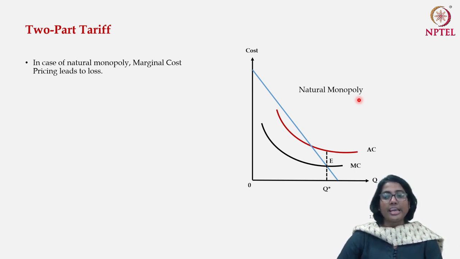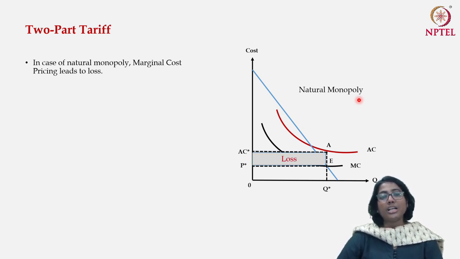But the problem is, if the production is at Q star, your marginal cost is falling below your average cost. This actually means that at Q star, if the price that you charge is P star from the natural monopolist, then your average cost is exceeding your P star and therefore you are incurring a loss. So in case of natural monopoly, marginal cost pricing will always trigger a loss for the monopolist, and the monopolist will not be able to sustain.